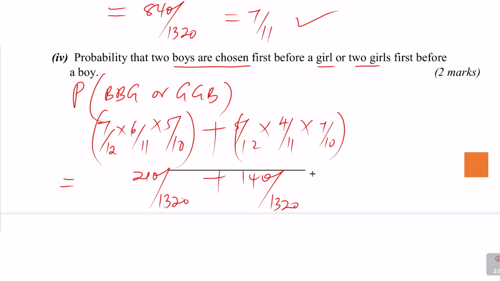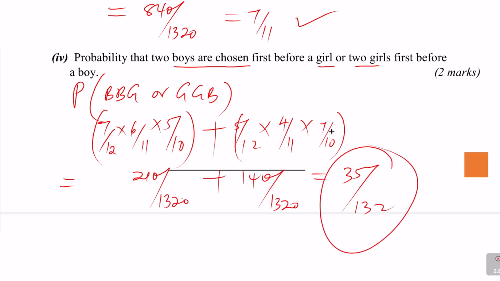When you add these and simplify, you will get 35 divided by 132. So that is simply how you are supposed to solve that question.